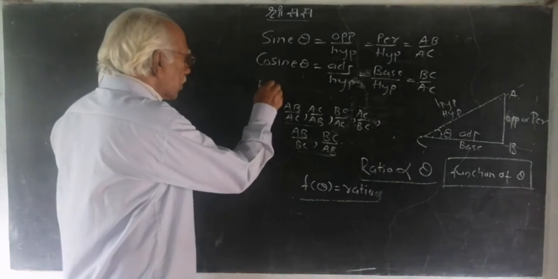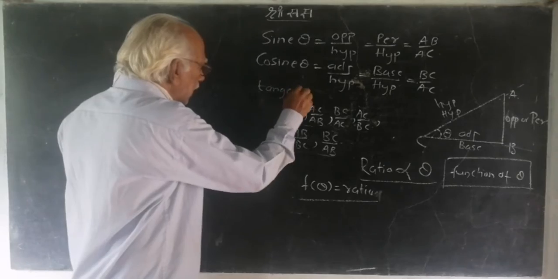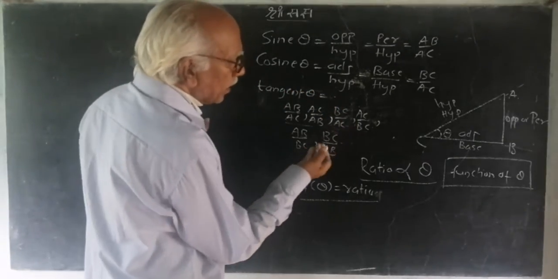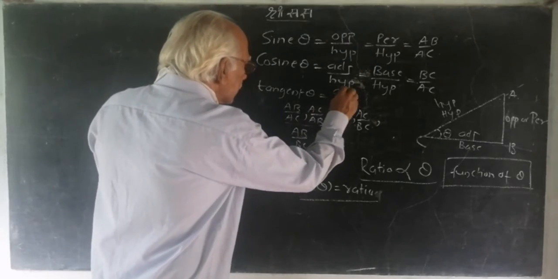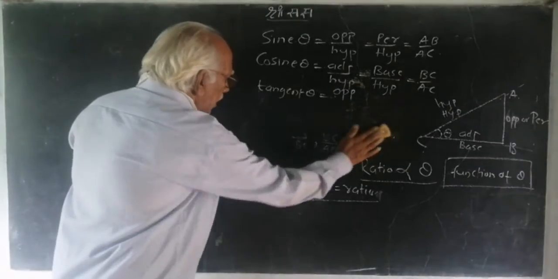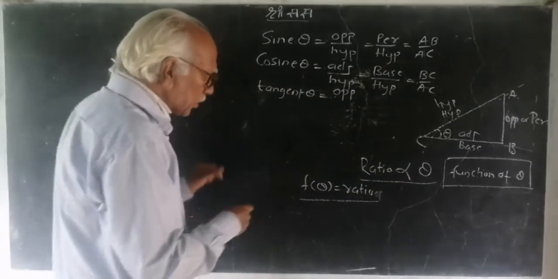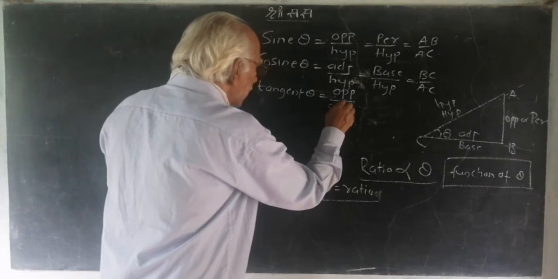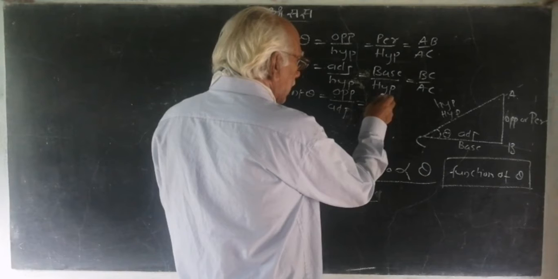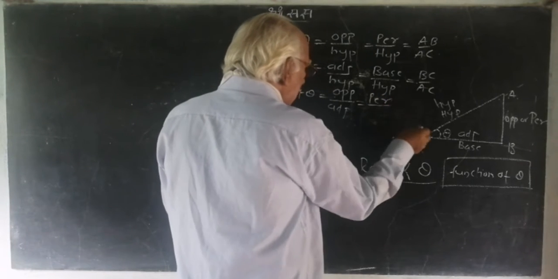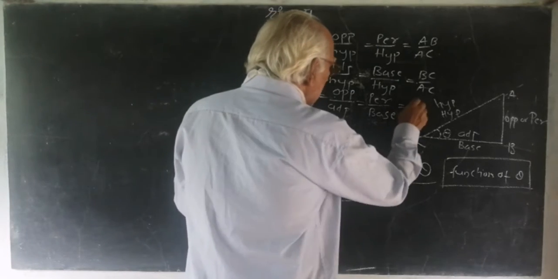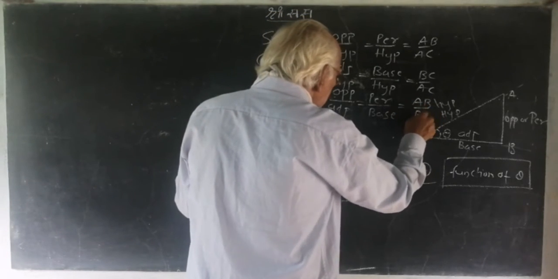Then we will be having one more function, that is called tangent of theta. And what this particular tangent of theta is, that is opposite side upon adjacent side, and that is equal to, opposite side is known as perpendicular and adjacent is known as base, and that is equal to AB by BC.